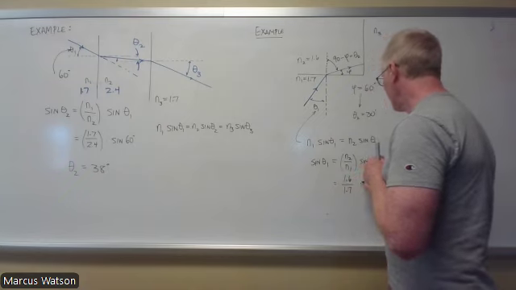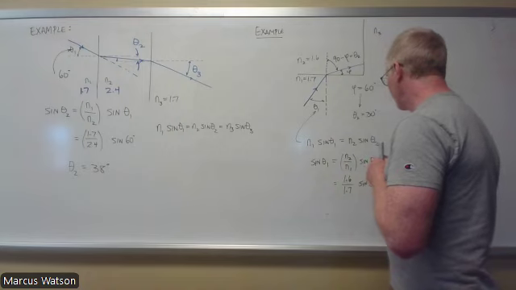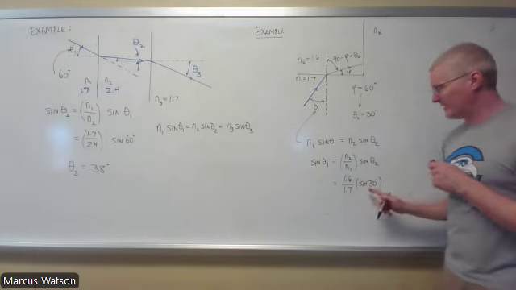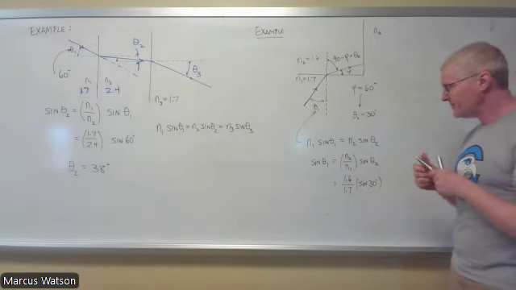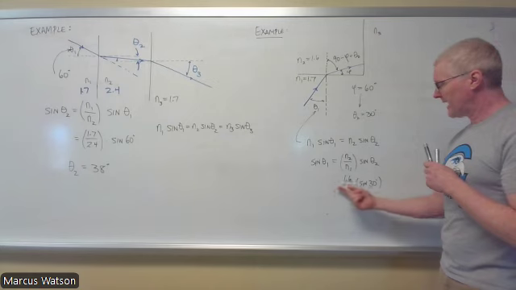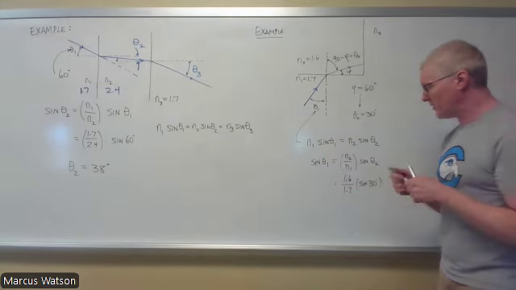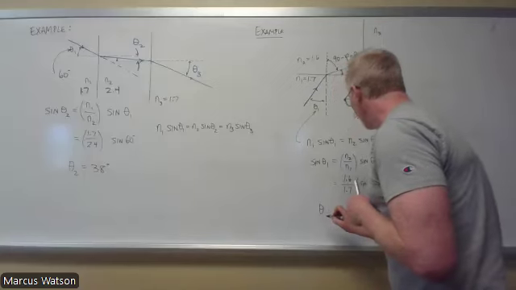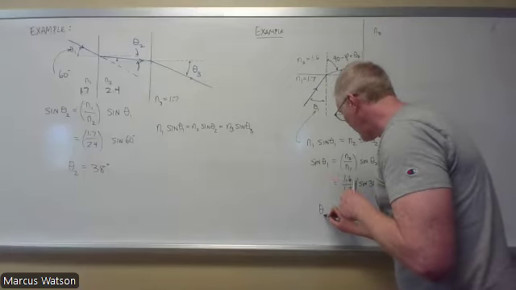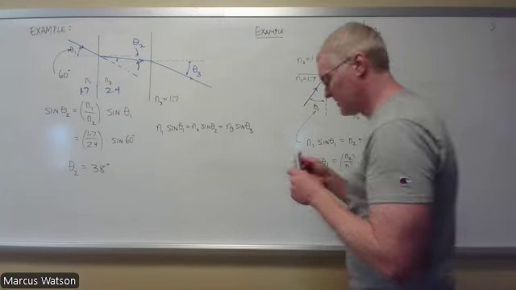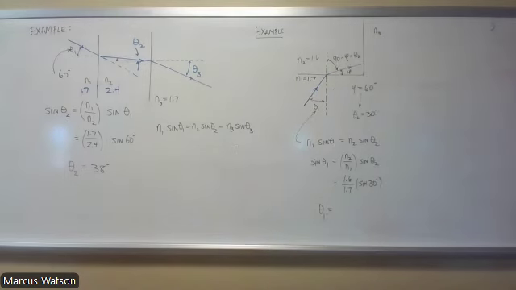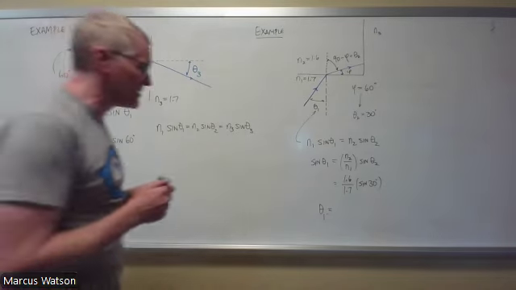And sine of 30 degrees, you probably know, is a half. So we're going to calculate this whole number and then we can figure out what theta 1 is, the incident angle. All right, and I think I calculated that and I got something like 28 degrees.